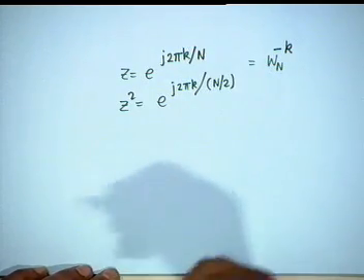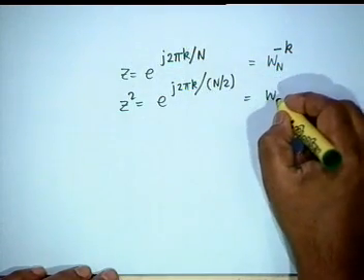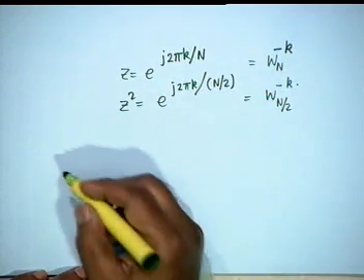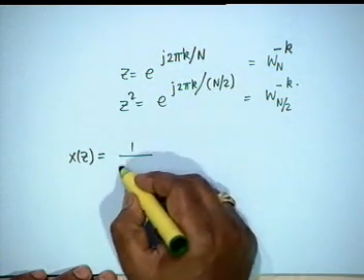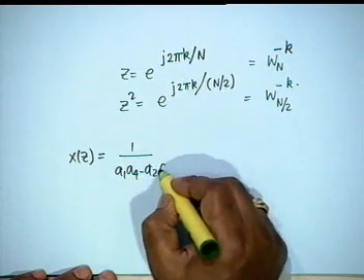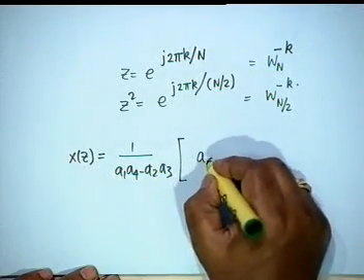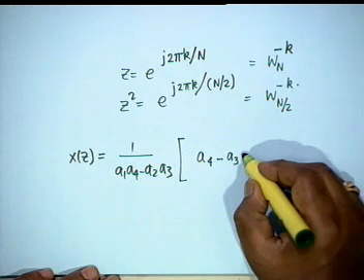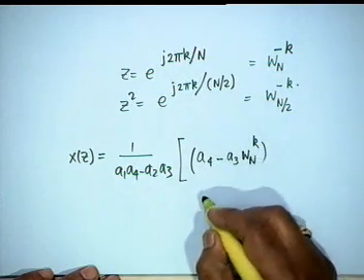Now you have to bring the form, otherwise you cannot identify with the Fourier transform, and this will be W n by 2 to the power minus k, and therefore capital X sub z becomes equal to 1 by A1 A4 minus A2 A3, A4 minus A3, what shall I have here? Z inverse, that is W n raised to the power k, agreed.